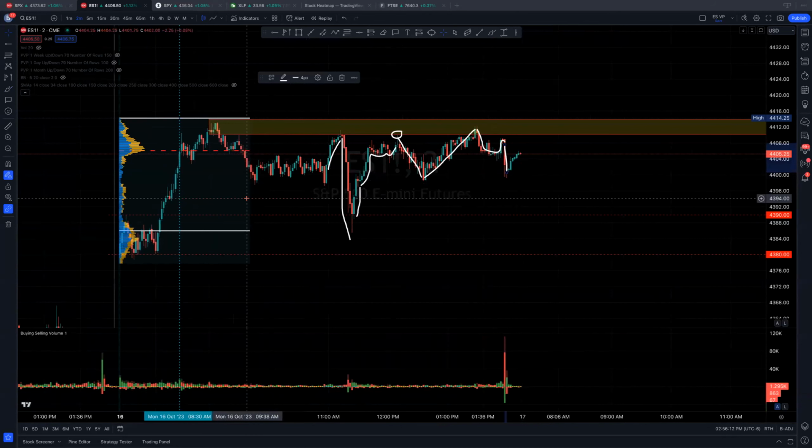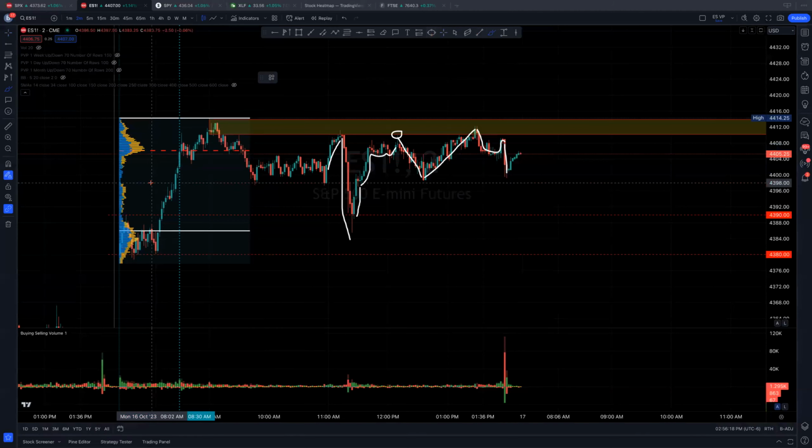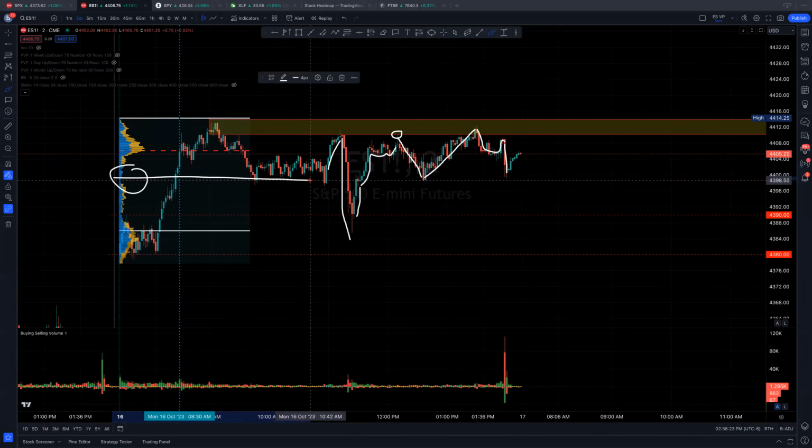Now, of course, let me draw this. So down here, we don't see much of a volume profile. So there's no way to tell if price will bounce or not from here. We can see that there's an intraday support here, but we don't know if it's a strong support or not because we don't have any significant trading going on here.